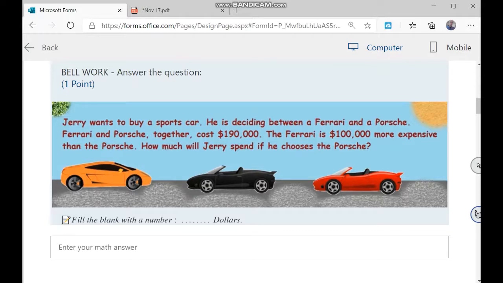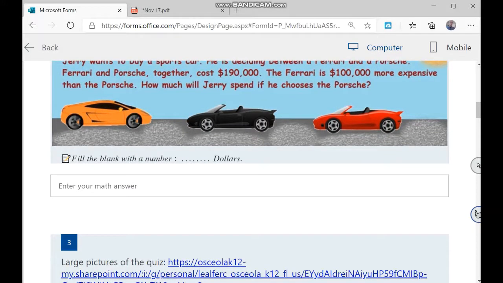Remember, if you read the question, there's an answer that's going to come to your mind. The clear answer might be the right answer, might be the wrong answer. I don't know yet. Check this. We can say the price of the Ferrari is going to be x, and the price of the Porsche, let's say, is y.